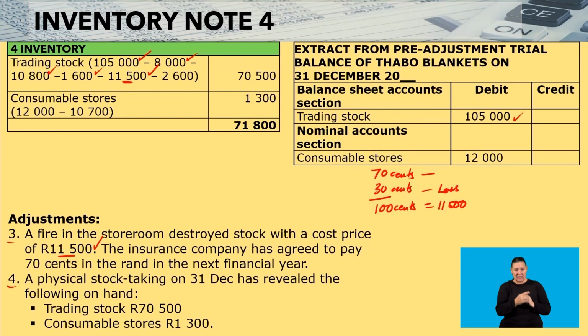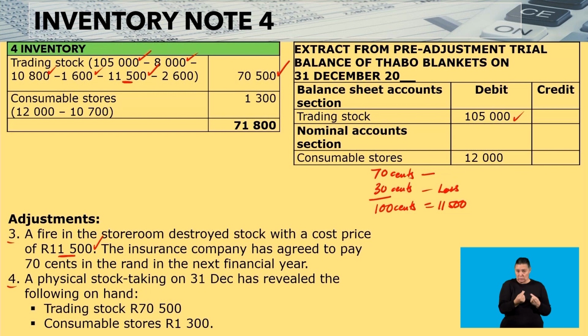Then lastly, it says, a physical stock taking on 31 December has revealed the following. So we have a physical stock taking, which tells us that on hand we have stock of 70,500. So we come, then we say there is our stock on hand.